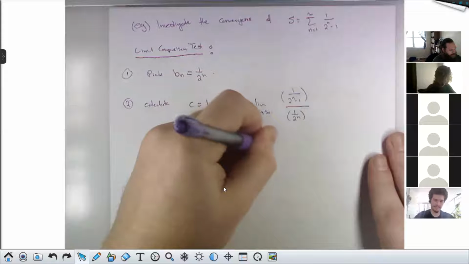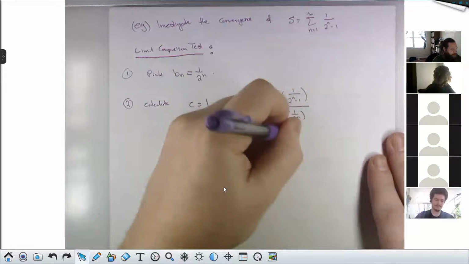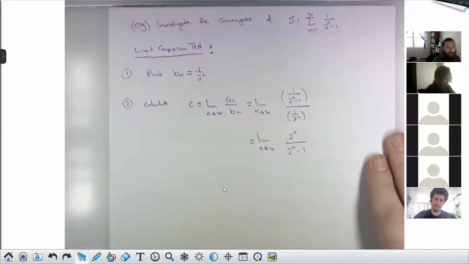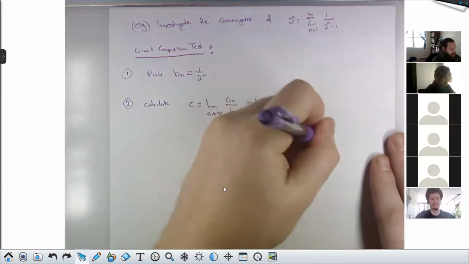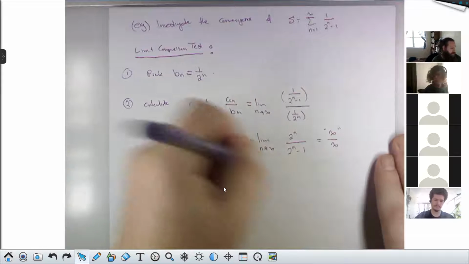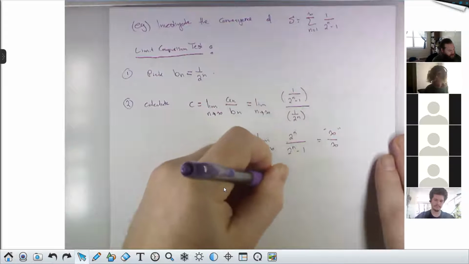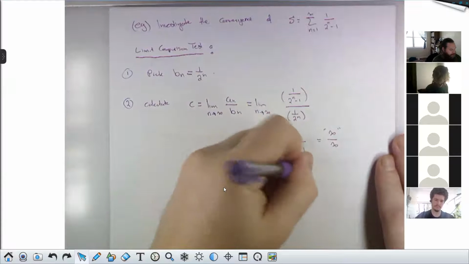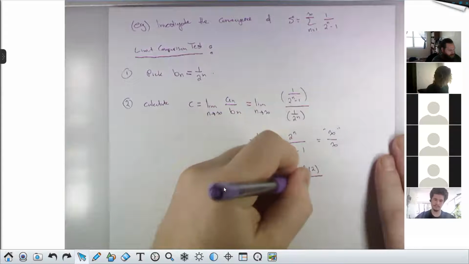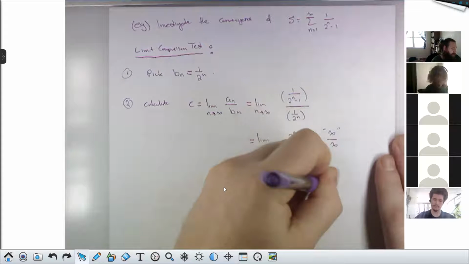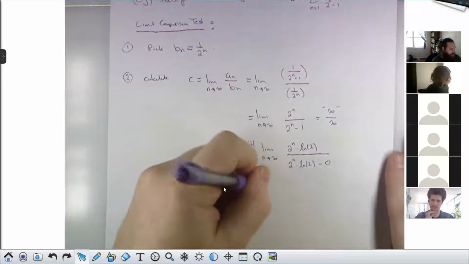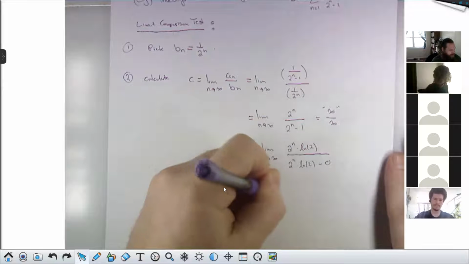If you flip and multiply, you get 2 to the n over 2 to the n minus 1. At a glance, this looks like infinity over infinity. So you could apply L'Hopital's rule. The derivative of 2 to the n is 2 to the n times the natural log of 2. So we have that upstairs, and then downstairs you have 2 to the n times the natural log of 2 minus 0, because the derivative of 1 is 0. So of course this is just 2 to the n ln 2 over 2 to the n ln 2.